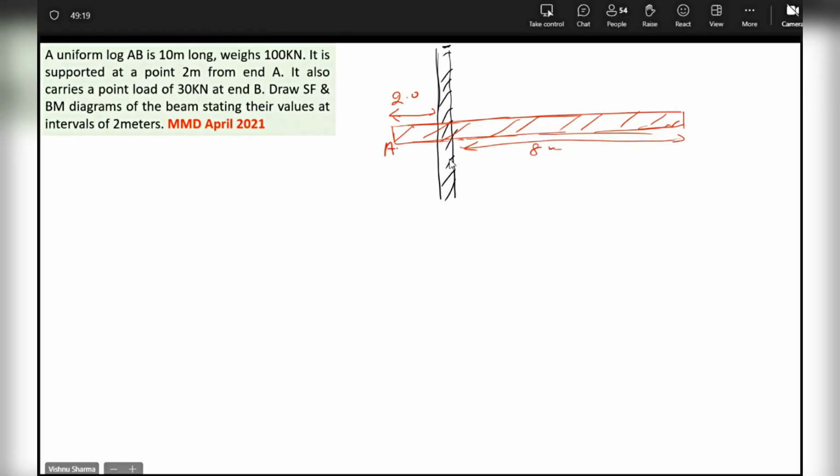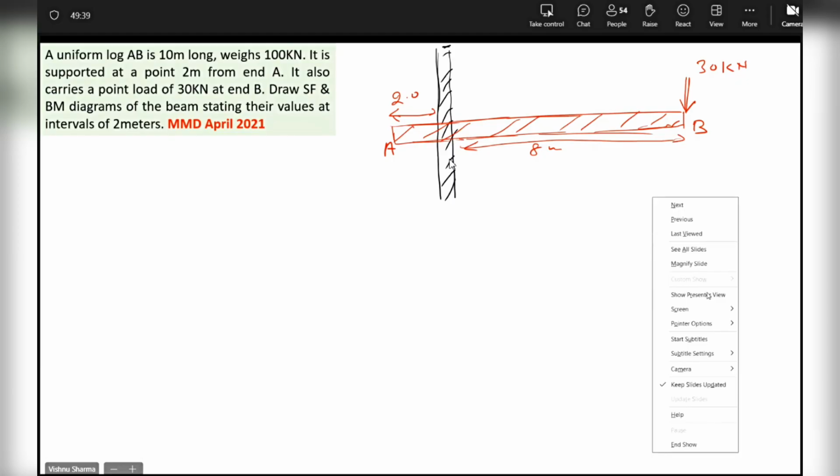It's AB, so A is here, B is there. Okay, and it also carries a point load of 30 kilonewton at its free end. Guys, can you please read the question and tell me if you're convinced with the diagram, or is the diagram trying to say something else? Let me know.